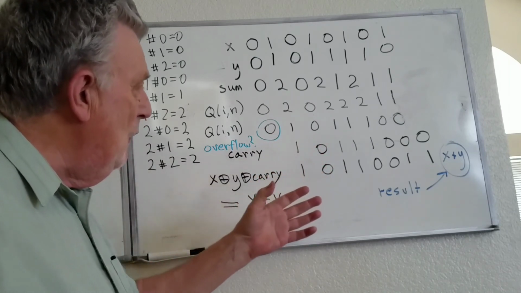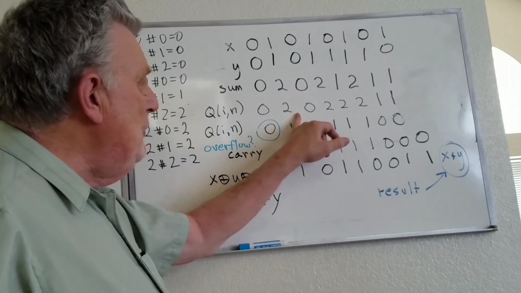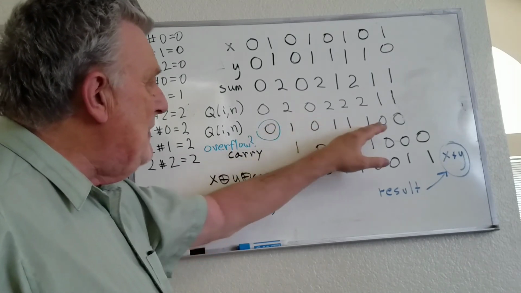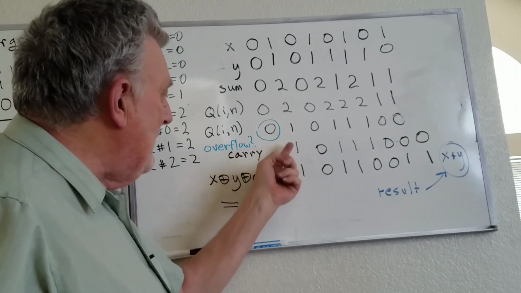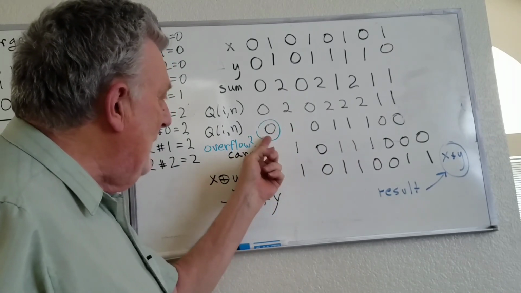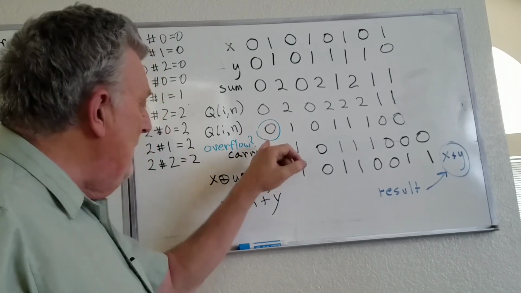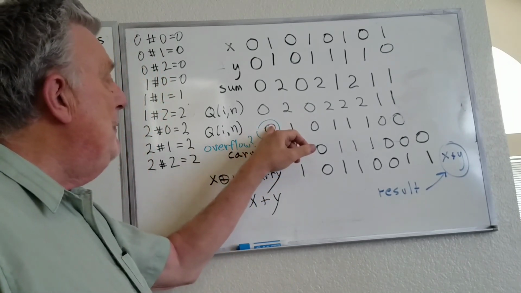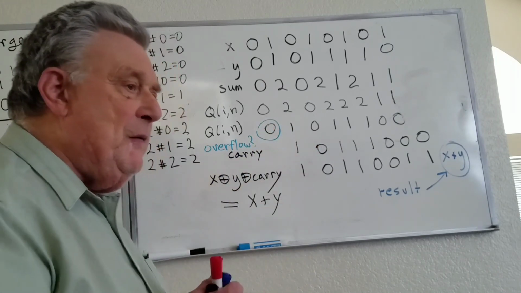And what we're going to do is replace each 2 by a 1 and each 1 by a 0. And that will be our carries. Except, of course, we have to peel off the leftmost one. If this leftmost bit is 1, we have an overflow situation.